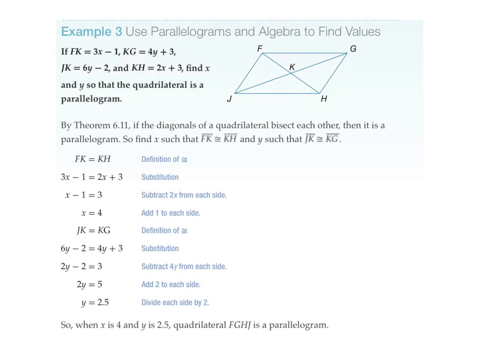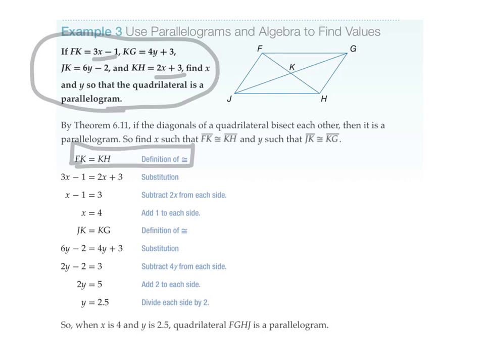Okay, and now we're back to algebra. Again, you've got the given statement, so make sure you use the given statements. FK is 3x minus 1 and KH is 2x plus 3. If it's a parallelogram, as you can see, these two will equal each other. Again, solve for x.